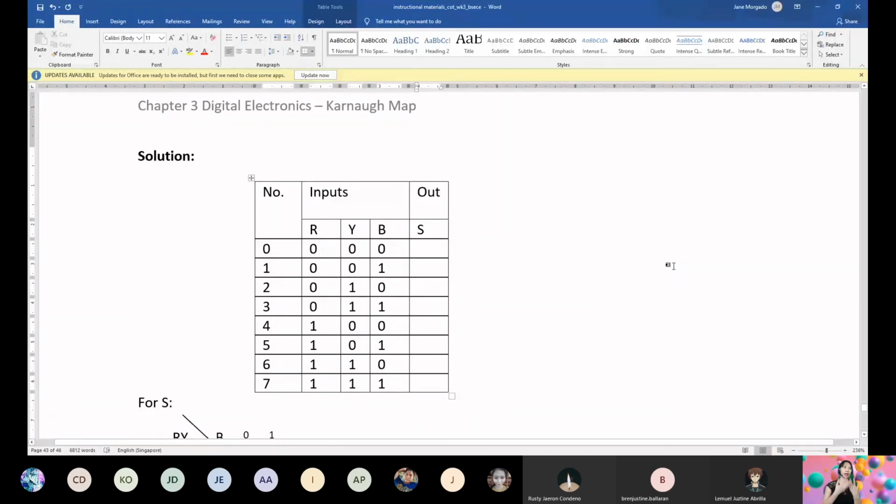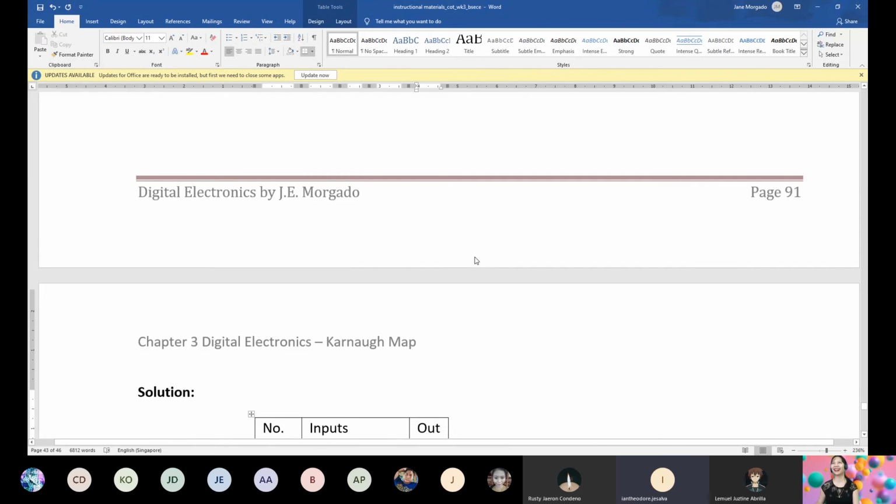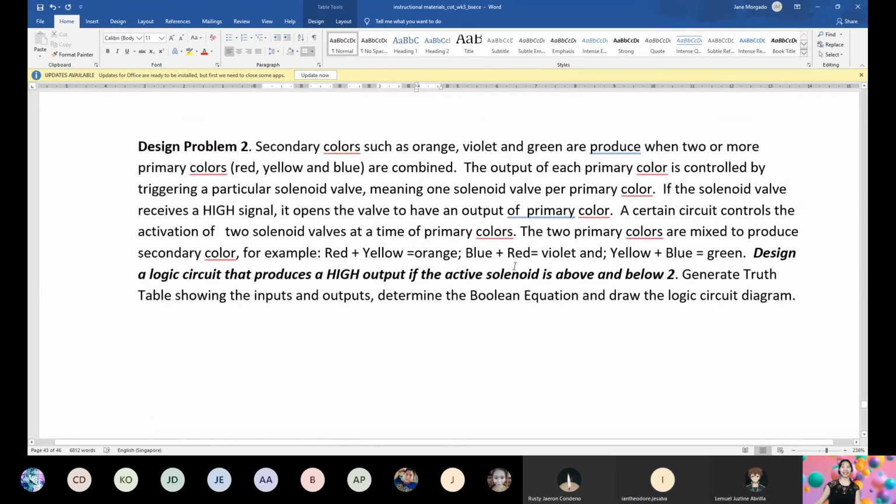Kasi we need to have a high output if the number of active solenoid valves are above and below 2. So if you have 3 zeros, all closed, di ba? What should be the output? 0. 0 po, ma'am. Ulitin natin.